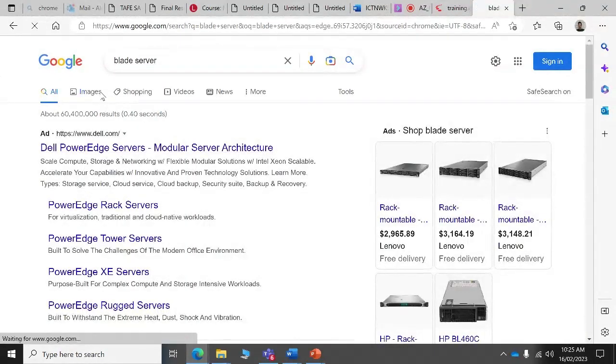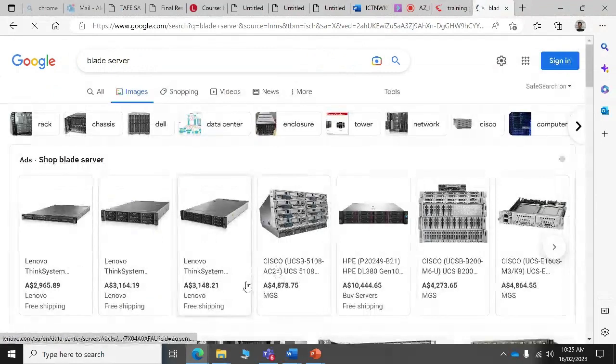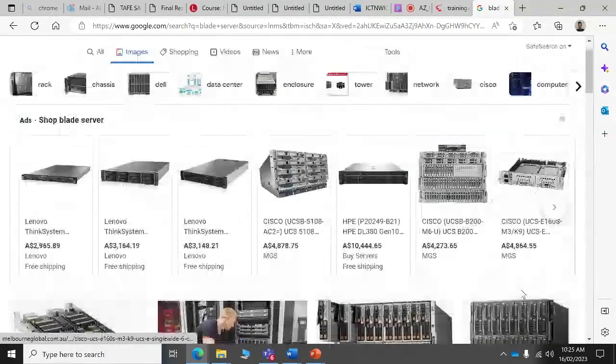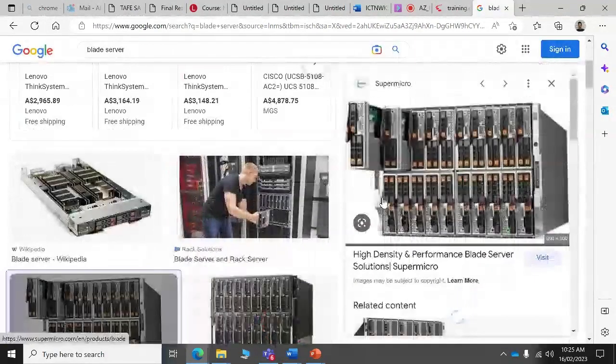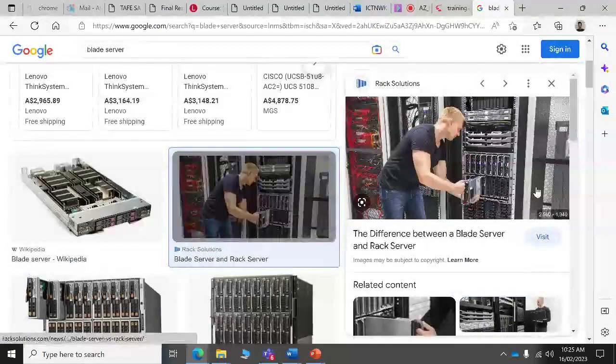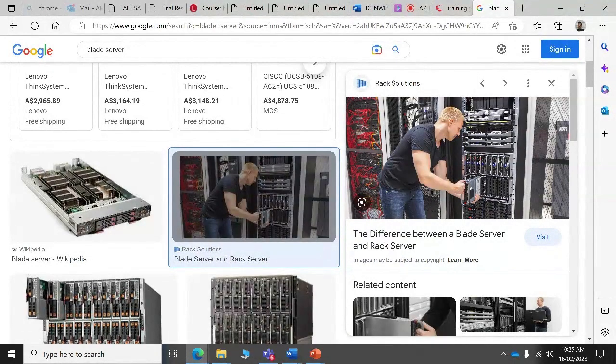So blade servers, just in case you have never heard of this term. If we go to images, and take this man as an image, what you have with a blade server is this chassis, which contains the power supply and all the other networking connections and stuff like that. What he's taking out is one server. Each one of these is a different server, so you're just installing all these servers.